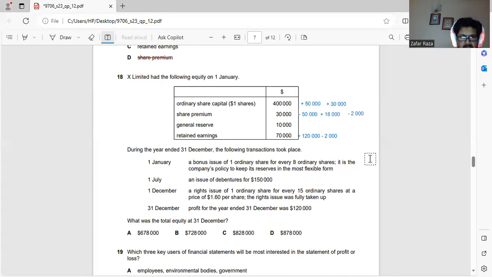So 678,000 is going to be our total shareholders' equity. Debentures have nothing to do with it. So option A is going to be the answer. Yes, this is the answer.